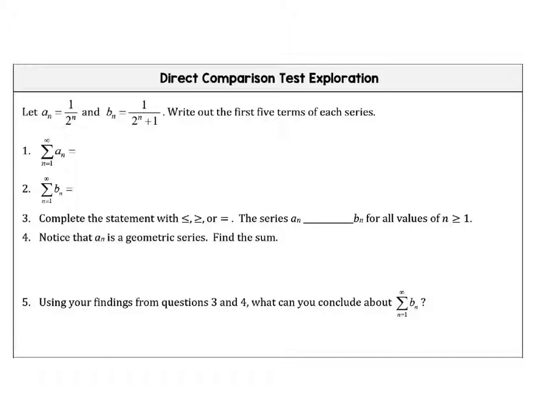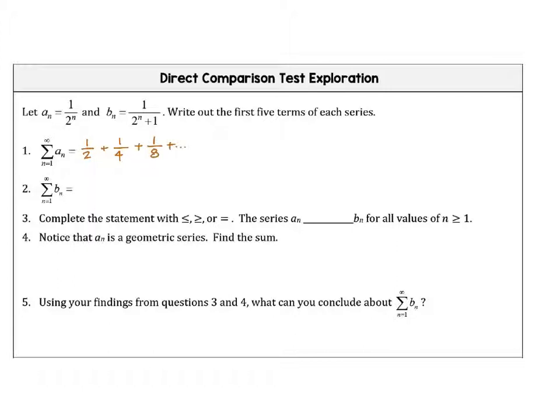So if we look at our first term of a sub n, and we are going to substitute in our values, then for the first one, we're going to have 1 over 2 plus the next term is 1 over 4 plus the next 1 over 8 and so on.